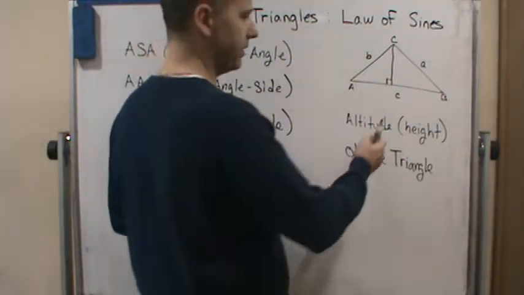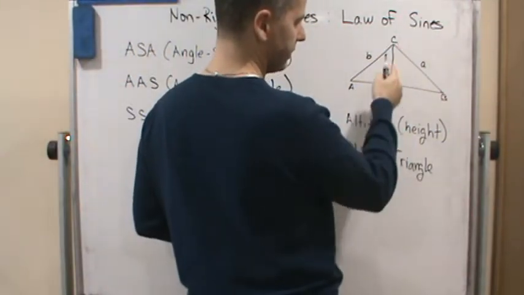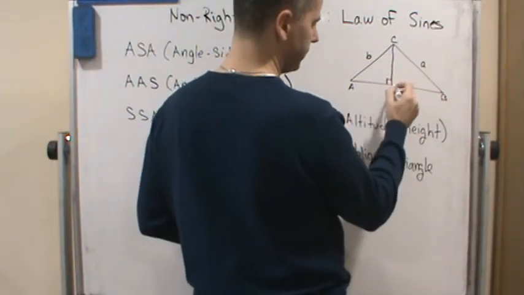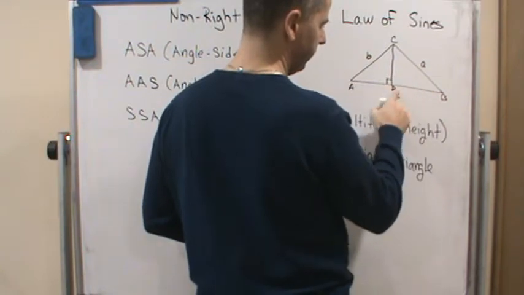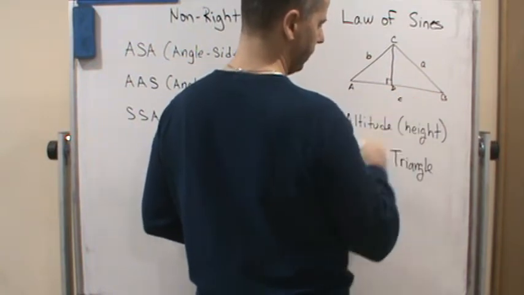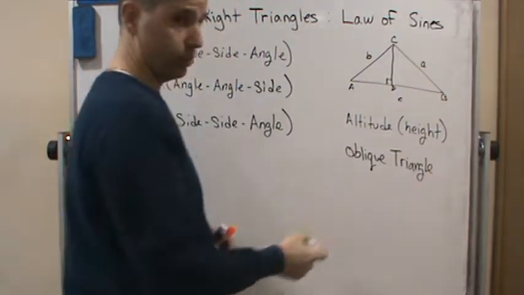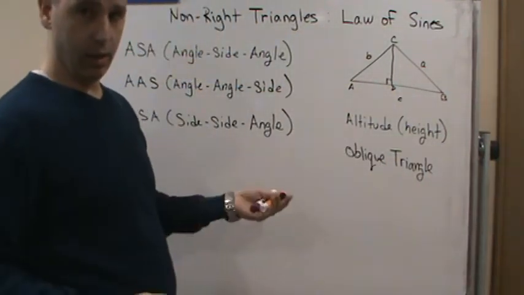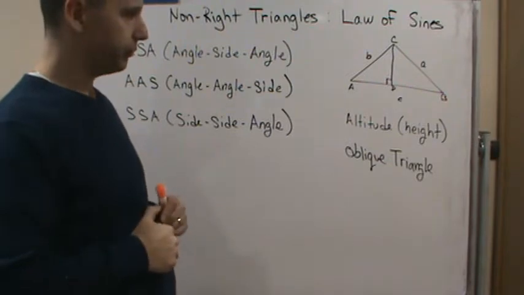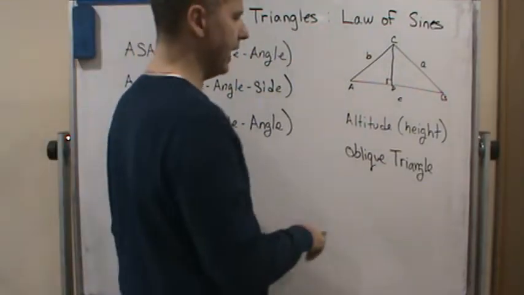In this case, let's call this point D. So this line segment CD would be an altitude of this triangle.